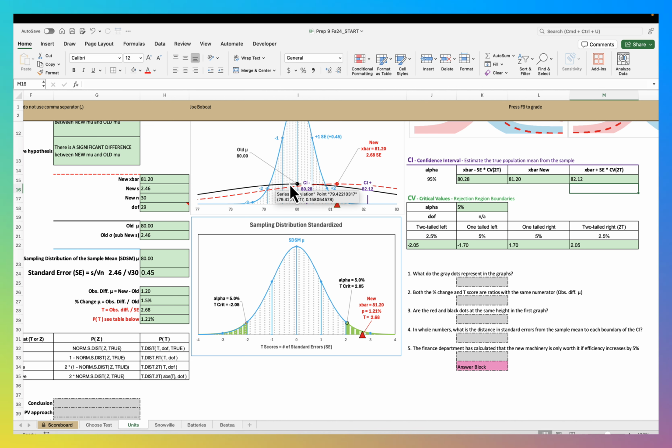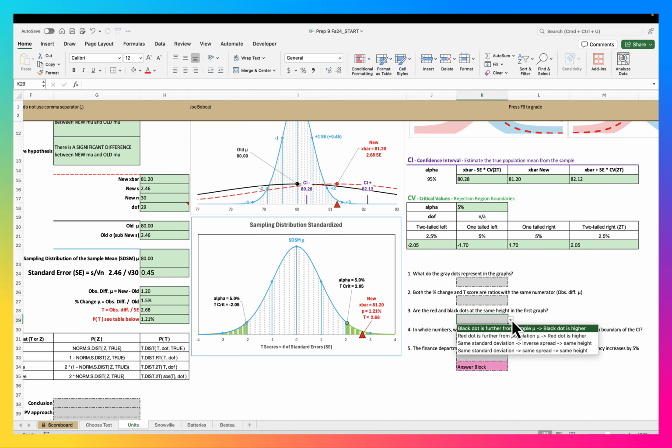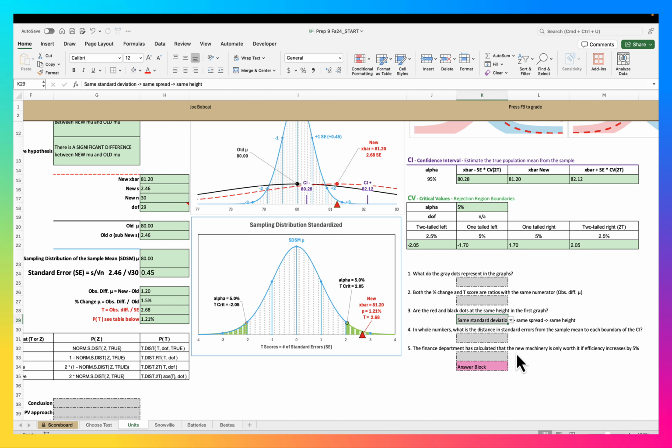And we know that these two curves have exactly the same standard deviation because we used the standard deviation of the sample in order to produce the standard deviation of the population. Since we didn't know it, we substituted. And so the answer to this one is going to be same standard deviation, same spread, same height.